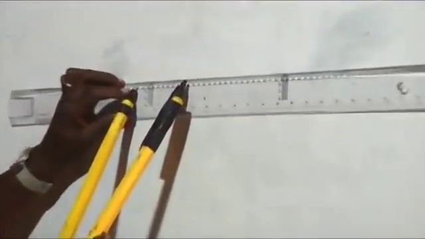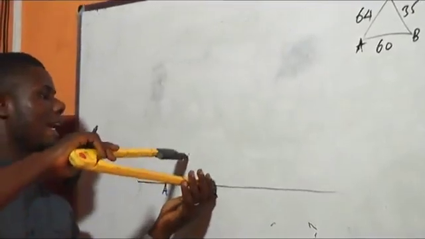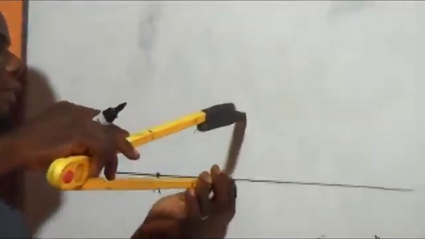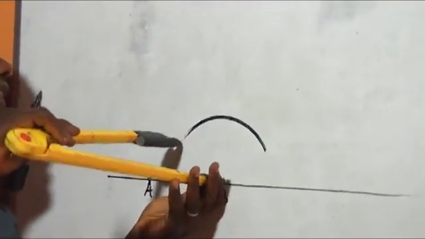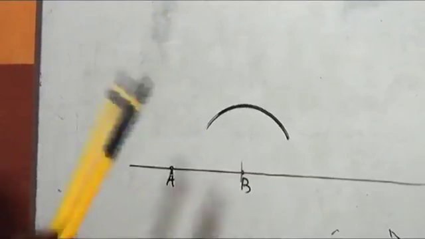Let's assume this is our 35 millimeter. When you get that on your ruler, you place it at point B and draw an arc. You can see that is an arc. Now we've gotten an arc of C.